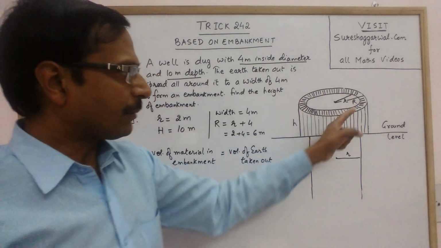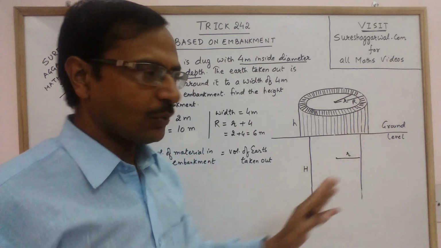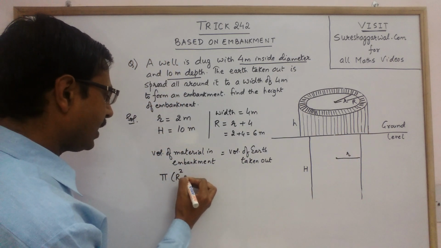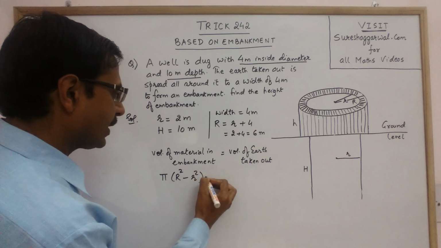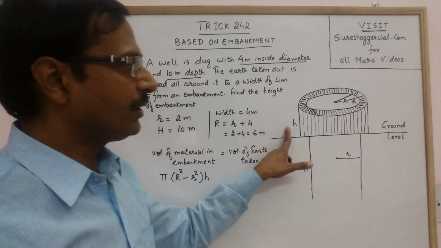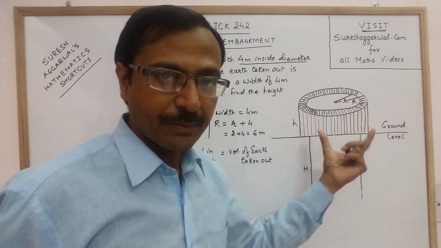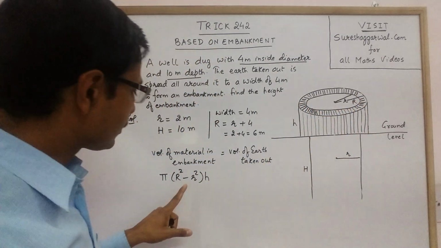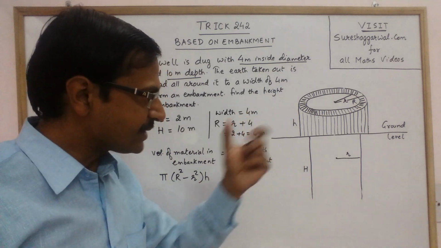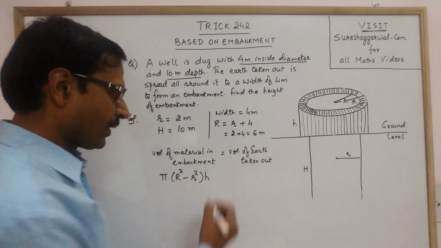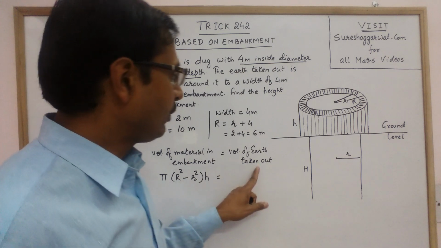Now see, this embankment is a hollow cylinder. So how do we find the volume of a hollow cylinder? Pi R square minus small r square into height of the embankment. Outer cylinder minus inner cylinder, because inner cylinder is hollow, so we have to subtract the volume of the inner cylinder. So pi capital R square minus small r square into h is equal to volume of earth taken out.